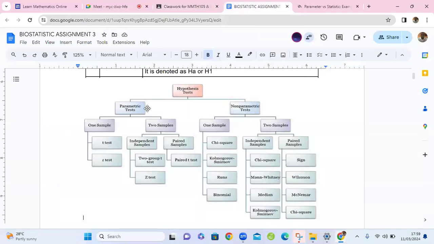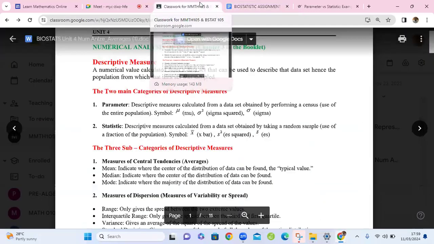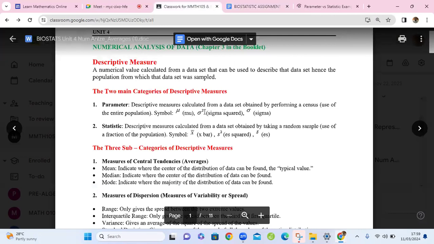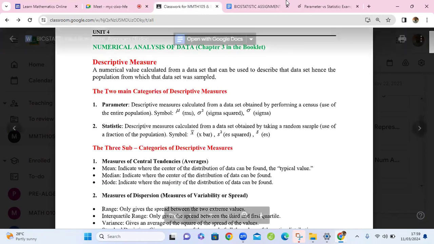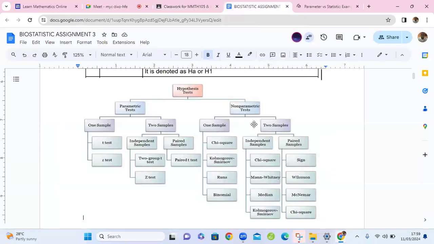Parametric tests involve descriptive measures, meaning the mean, variance and standard deviation, very popular descriptive measures, and you can use parametric tests for them. But the non-parametric test does not involve these parameters. You have them listed here. So these are the two main branches of hypothesis testing.